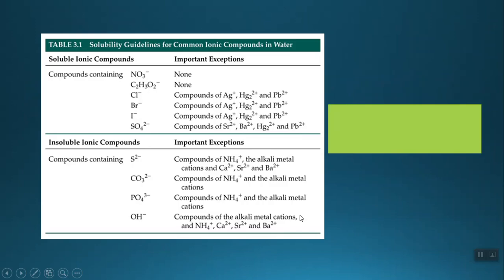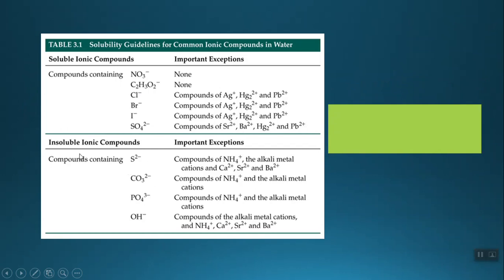So looking at our chart, which one will precipitate out? Is it manganese 2 carbonate or ammonium chloride? Let's look. Chlorides are all soluble except for silver, mercury, and lead. Ammonium is not part of those exceptions, so ammonium chloride is soluble. Now manganese 2 carbonate.